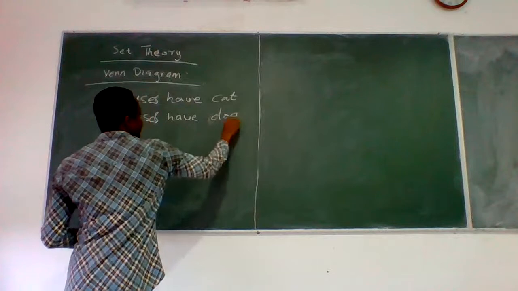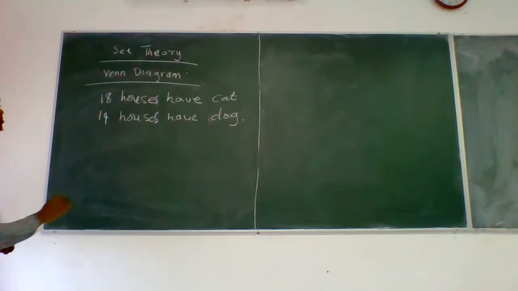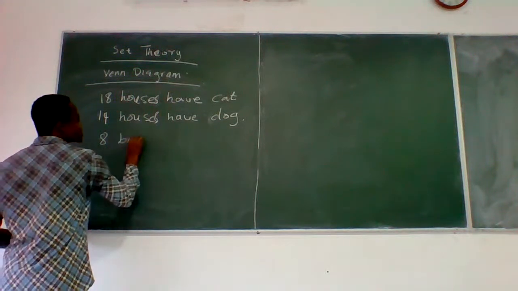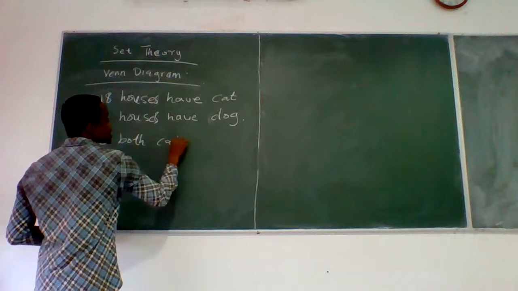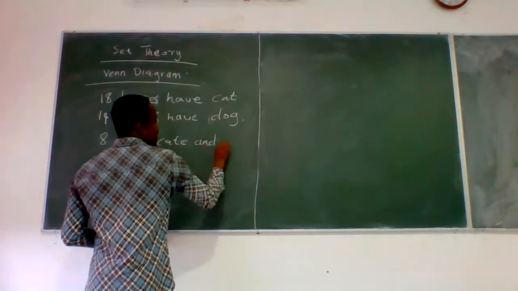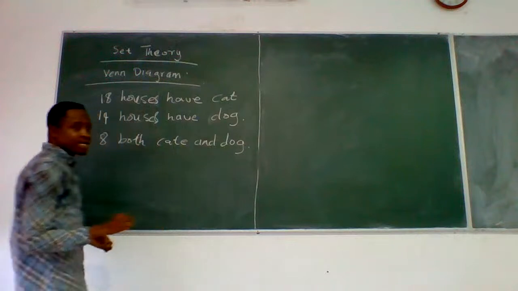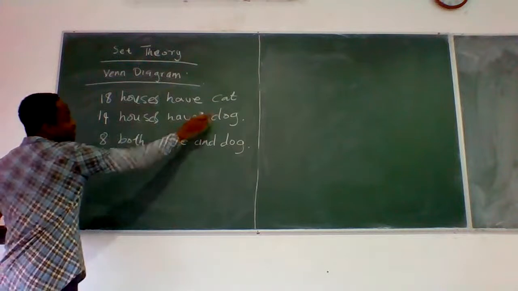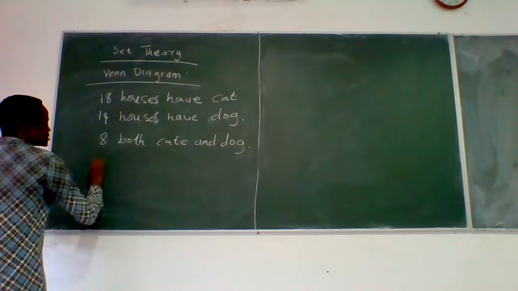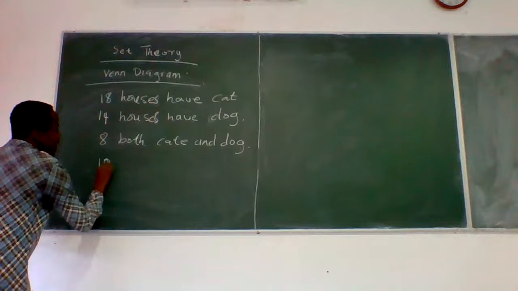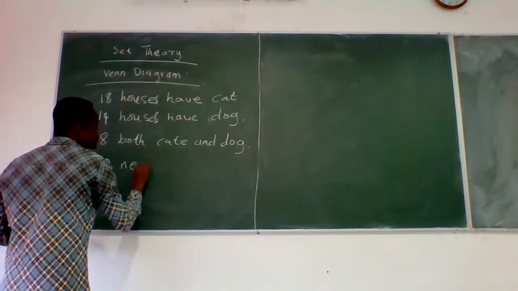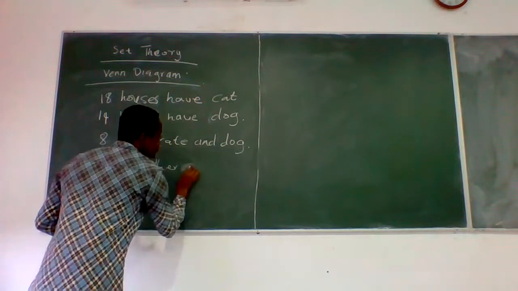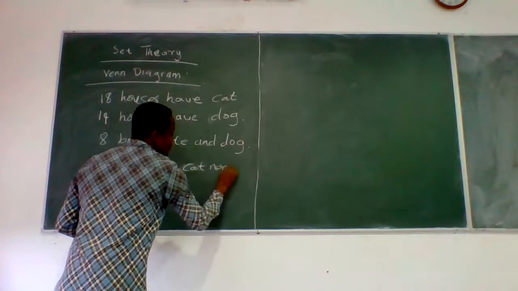And then 8 of them have both cats and dog. And then in other houses, 12 houses have neither dog nor cat.